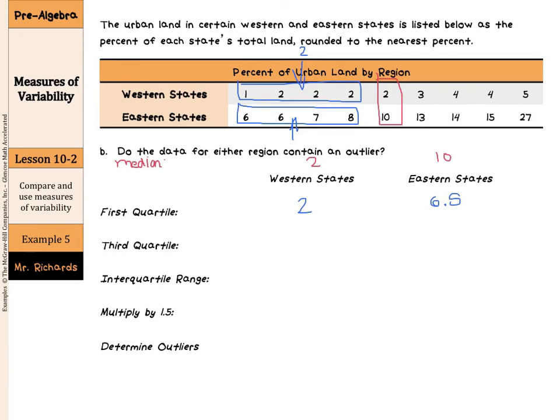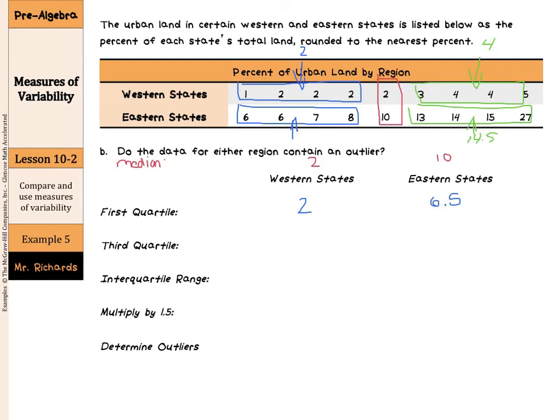Next, what about my upper half of the data? Well, here are my upper halves. For the western states, I'm in between 4 and 4, which is 4. And for the eastern states, I'm in between 14 and 15, so once again, 14.5 here.